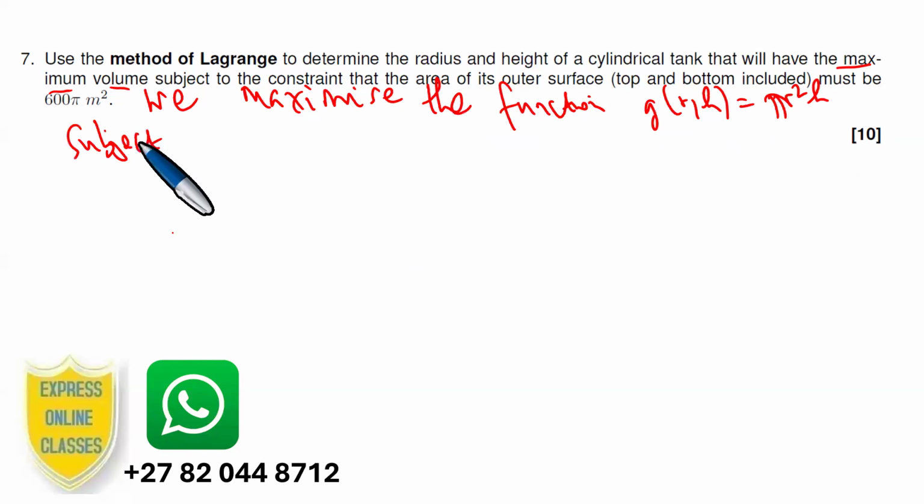Can you please explain? I've tried this before, but I don't understand what exactly the Lagrange method entails. Yes, we shall summarize the method. But the method of Lagrange requires two functions.